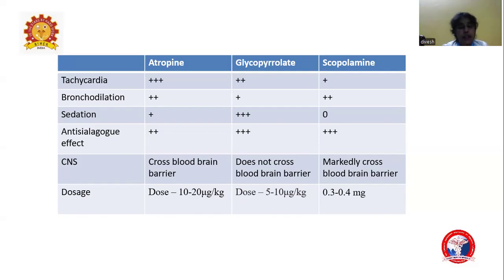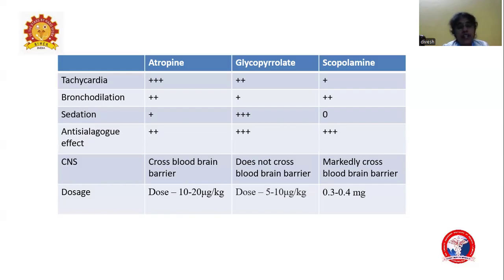Atropine has a more bronchodilator property when compared to glycopyrrolate and scopolamine. Atropine also causes more tachycardia than glycopyrrolate and scopolamine. Glycopyrrolate also causes tachycardia, but only a 10 to 20 percent increase, but atropine causes a greater tachycardic effect.